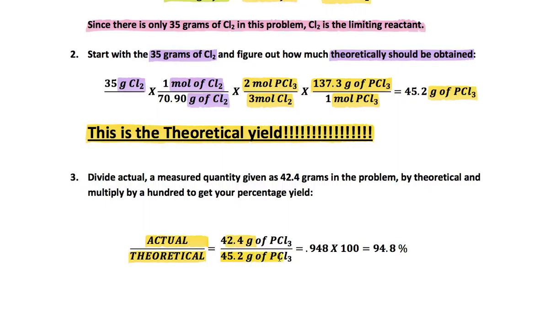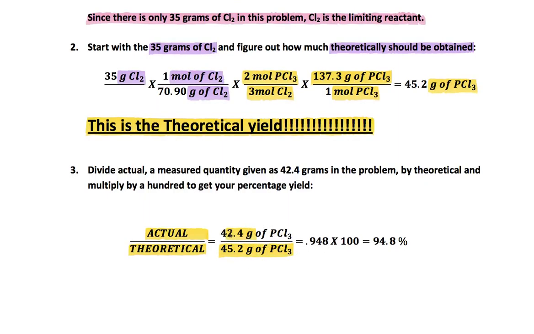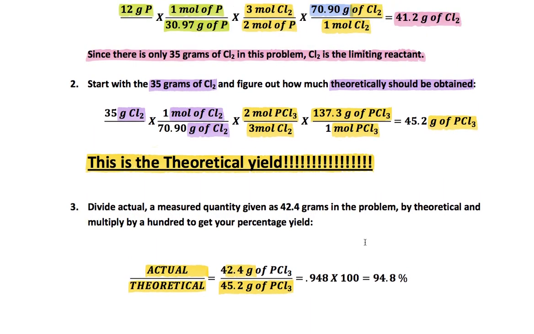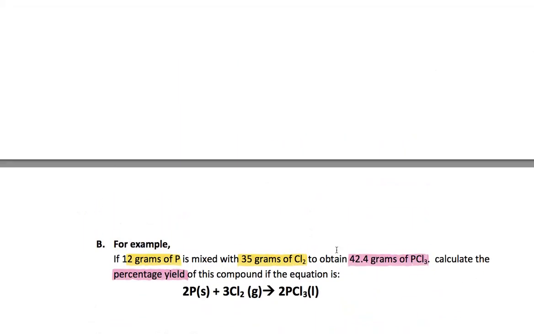That's 45.2 grams. So now you take the ratio of the part over the whole to get the proportion or the fraction, and then multiply it by 100 to get the percentage. Okay? So this is actually pretty good. You got 94.8% of the product that you were supposed to get. There was only a little bit of deviation from what you expected. So that's a basic example of percentage yield.